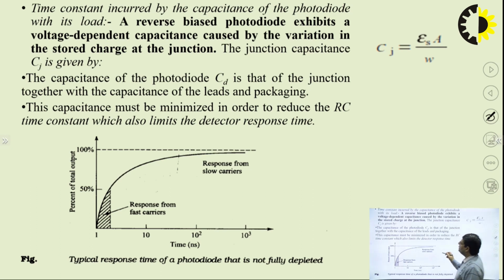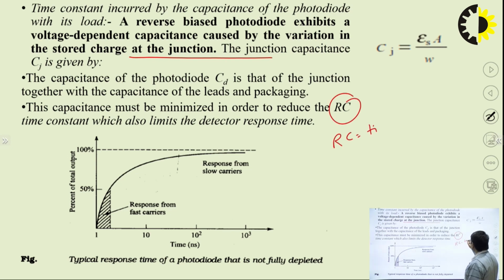Then the third factor is the RC time constant. To make the detector response fast, we should make this capacitance as low as possible. There can be junction capacitance present in the photodetector.